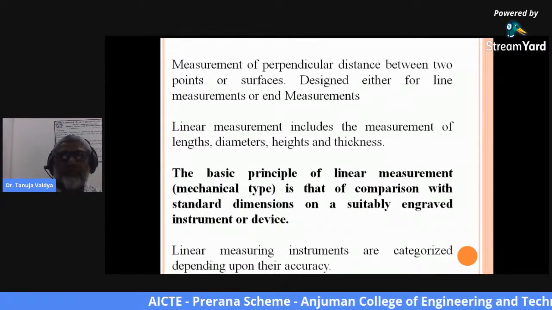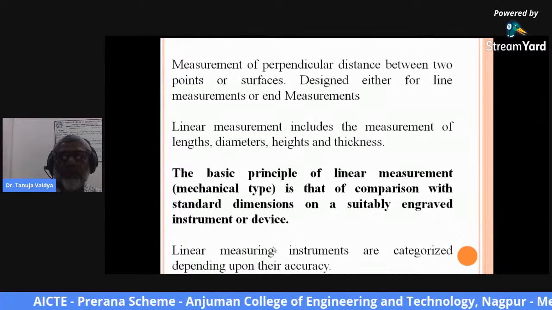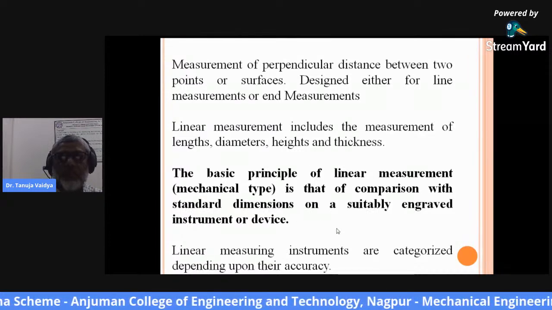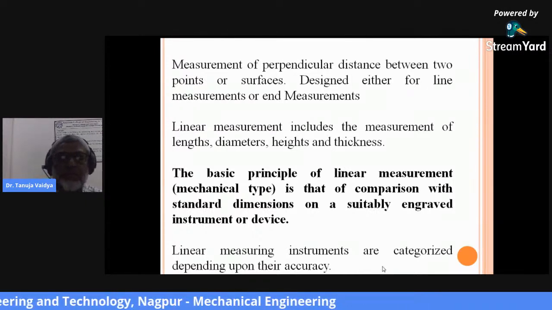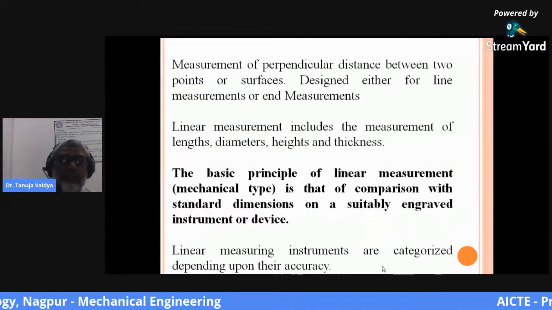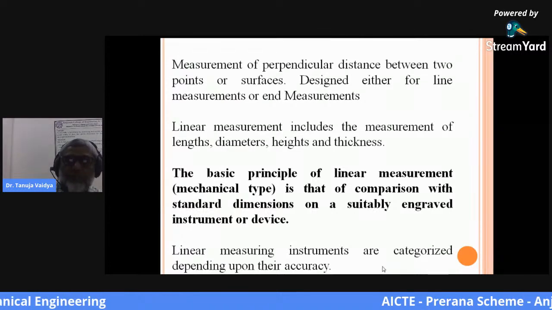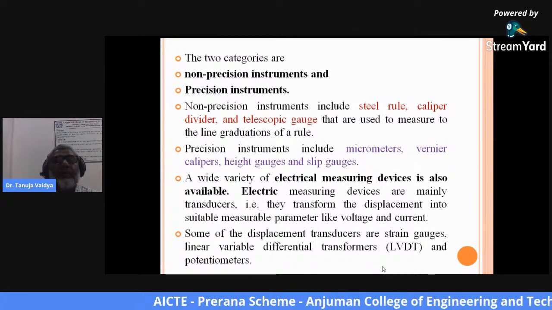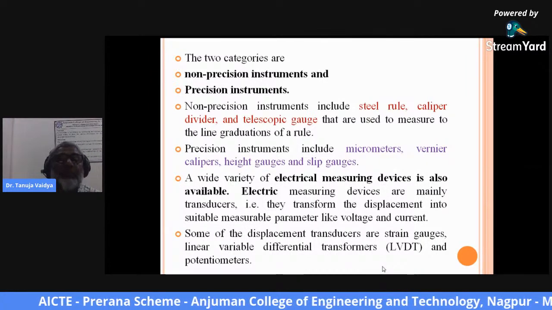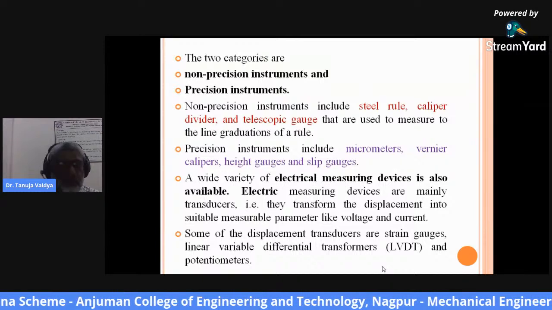Similarly, linear measuring instruments are of different types. They are categorized depending upon various parameters. Generally, they are categorized as non-precision instruments and precision instruments.